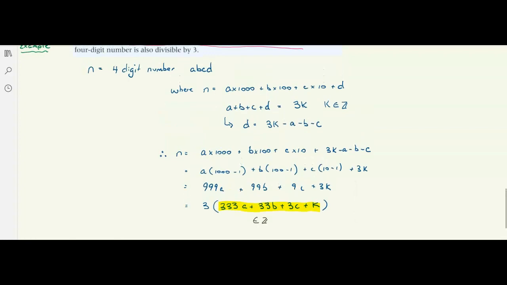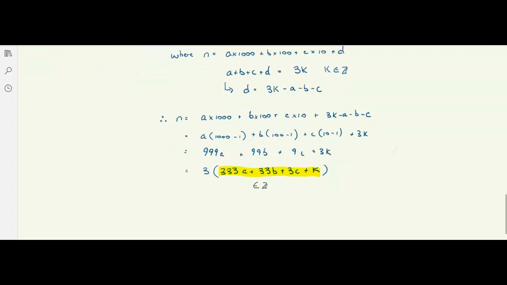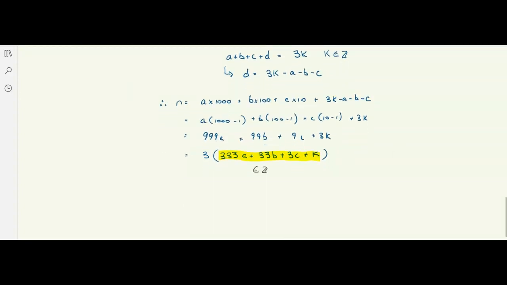We had that right at the start: A, B, C, and D obviously are integers, and K was brought in as an integer. So this expression here is an integer, and that's all I need to show to say that N is a multiple of 3, because I've got 3 times an integer. Therefore, N is divisible by 3.